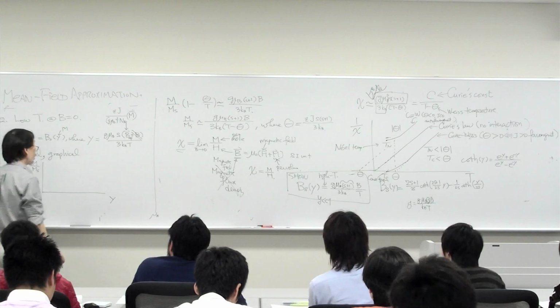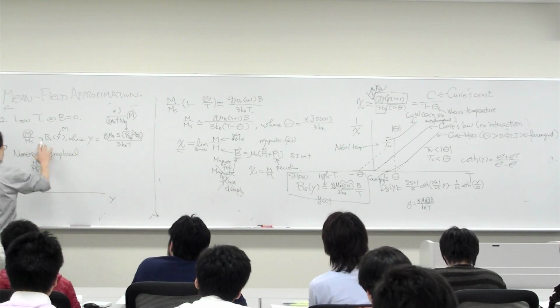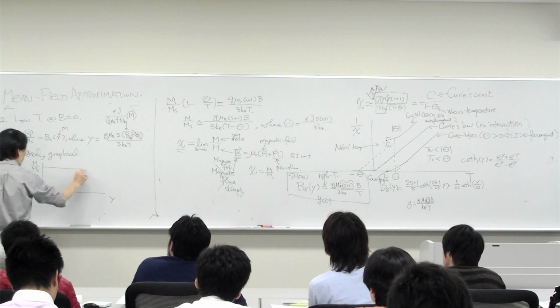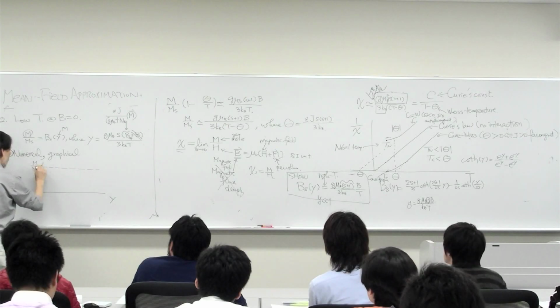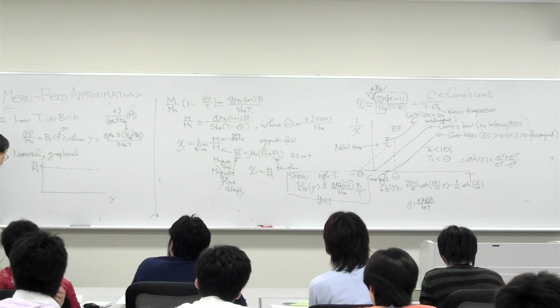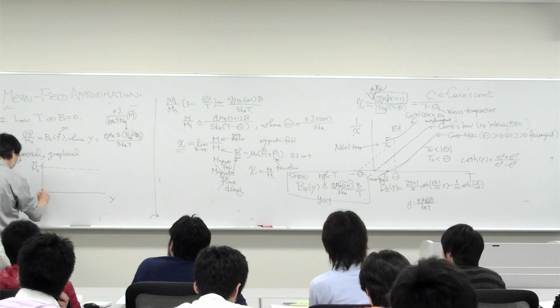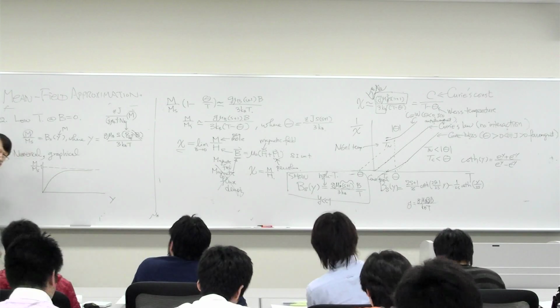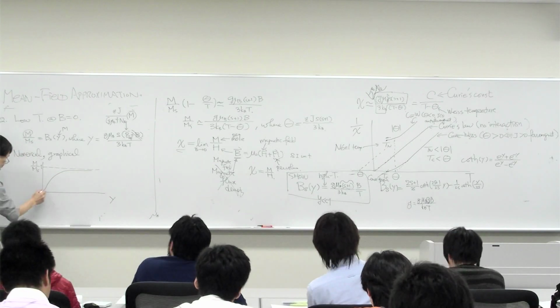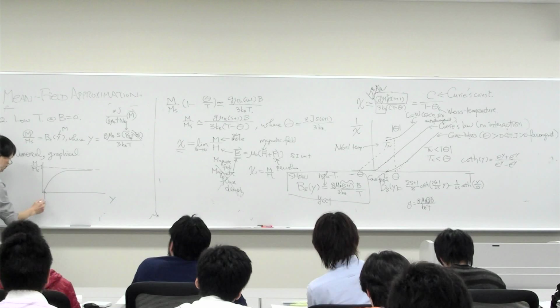Okay. Then Brillouin's function is nothing but cosine hyperbolic cotangent. So you can show that this qualitatively behaves that way, and it's linear for small y.